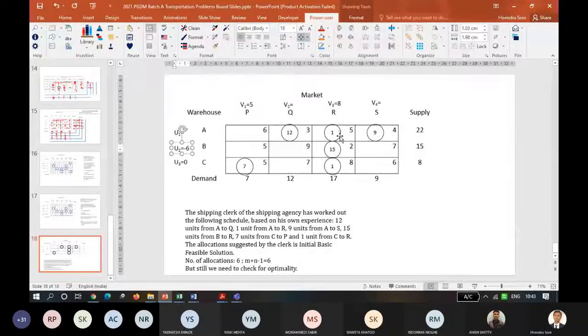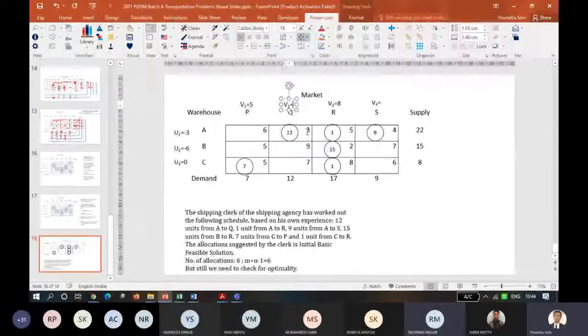Can I calculate U1? कितना आएगा U1? 5 minus 8, -3. Very good. What about V2? Three minus of -3. Correct, na?